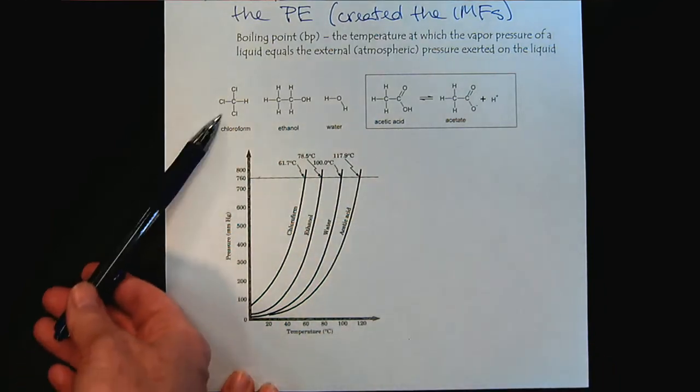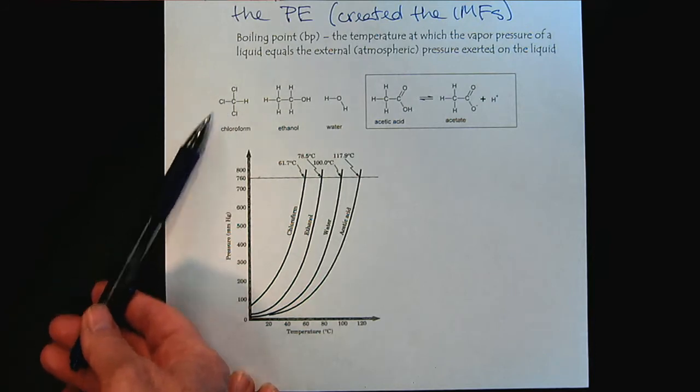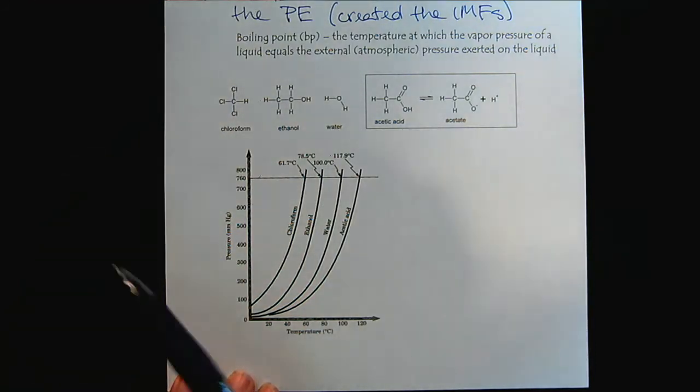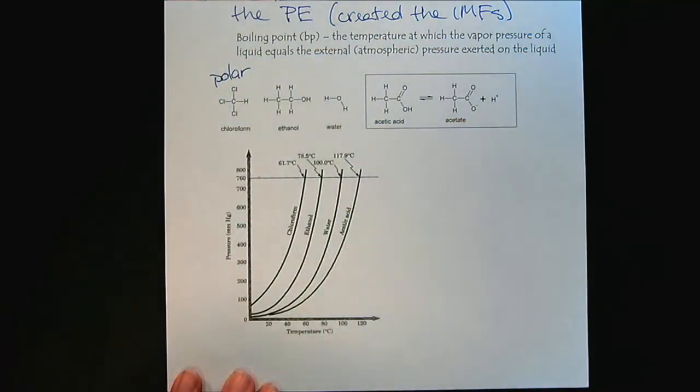If we look at the molecule of chloroform, we recognize that it has polar bonds, 3 polar bonds radiating out into the corners of the tetrahedron. So this molecule is polar. Remember that once a molecule is polar, we ask ourselves, is it dipole-dipole or H bonding?